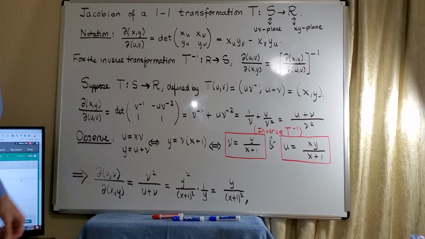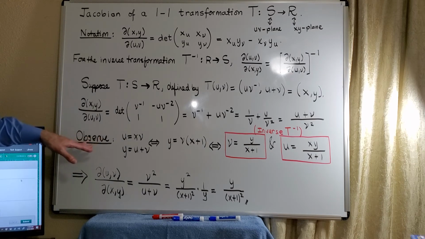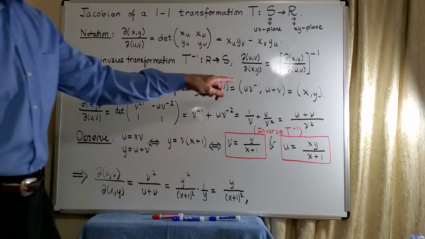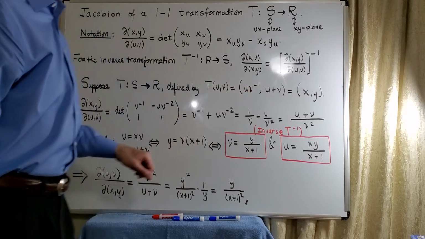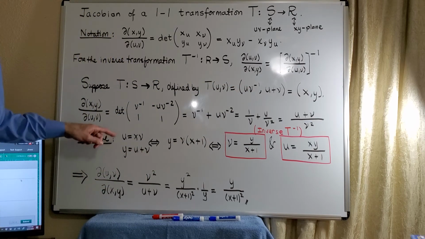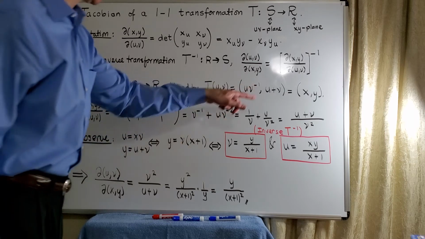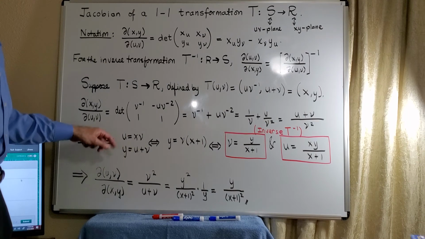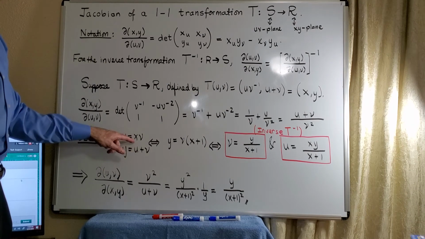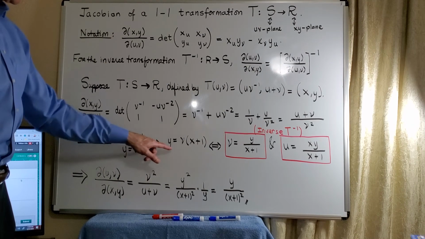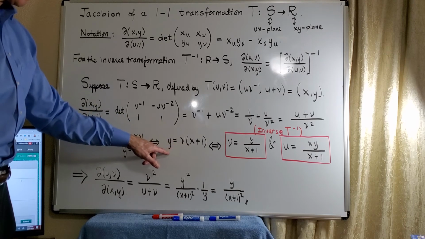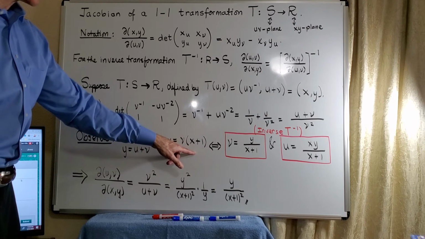Now, what we want to do is make a couple of observations here. If x is equal to u times v inverse, we can just cross multiply and have u equal to xv. And then of course we know that y equals u plus v. So we can substitute xv for u here and then factor and get that y is equal to v times x plus 1.